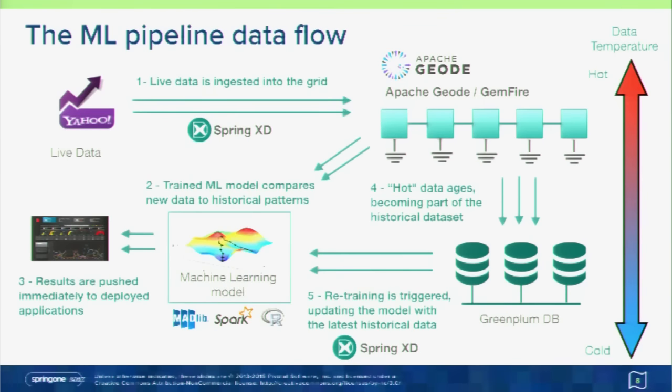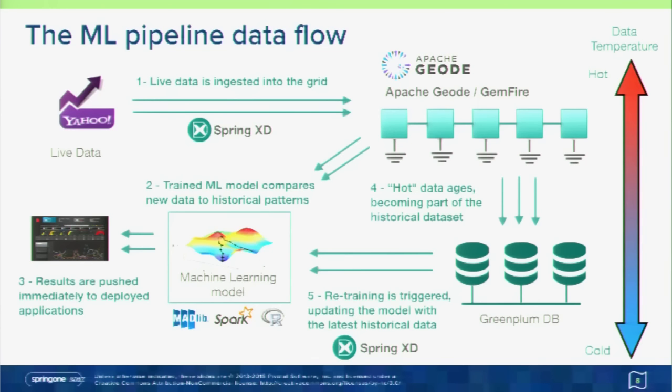So you need a really fast, low latency, high throughput transactional system first to store your real-time data. As that data ages, it can overflow to an analytical system that is much more suitable for ad hoc queries, distributed analysis, et cetera. That can be done, for example, with Greenplum DB.